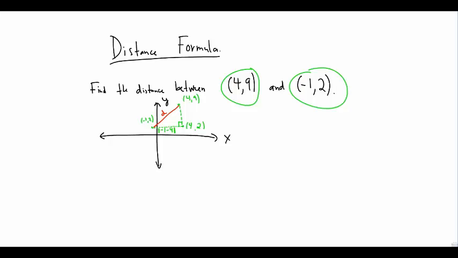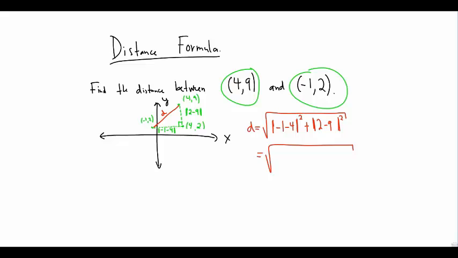And for the vertical leg, its distance will be equal to the absolute value of 2 minus 9. You can think of it as the distance between y equals 2 and y equals 9. So the Pythagorean theorem says that d is the square root of the length of the horizontal leg squared plus the length of the vertical leg squared.